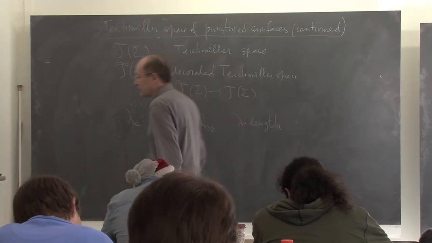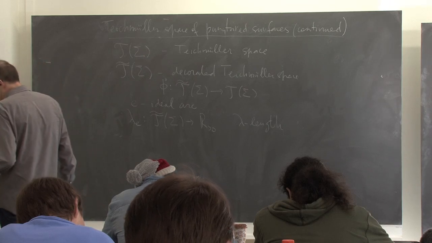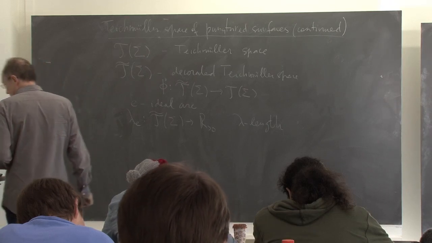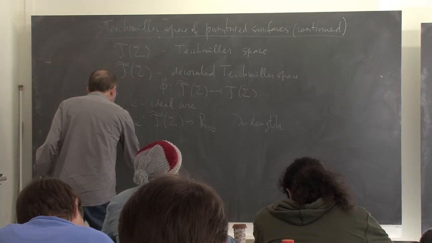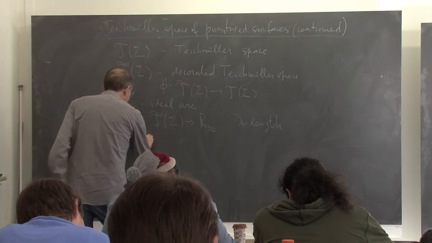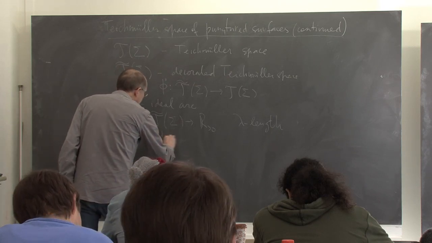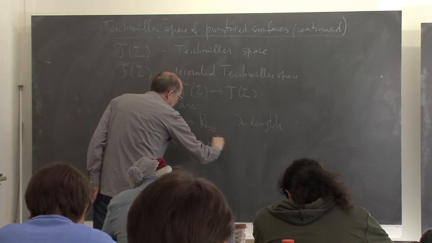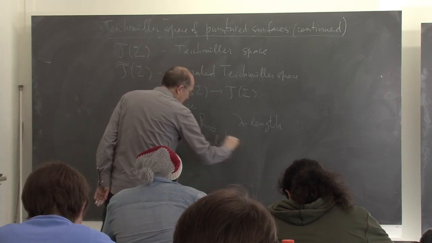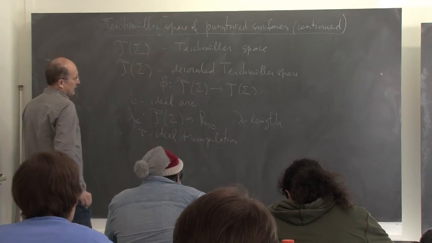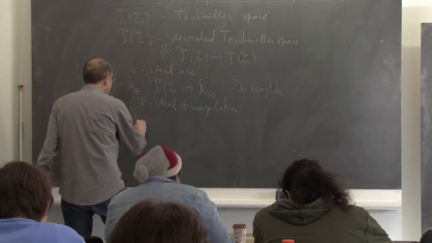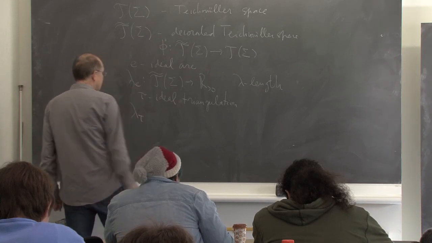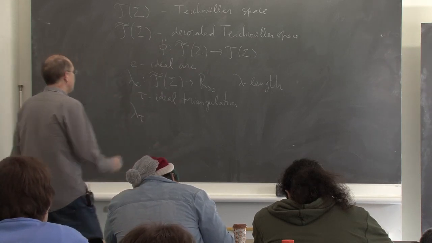And based on that function, we define the map lambda. So we have chosen an ideal triangulation, and based on that choice, we defined another function depending on that ideal triangulation, lambda tau.